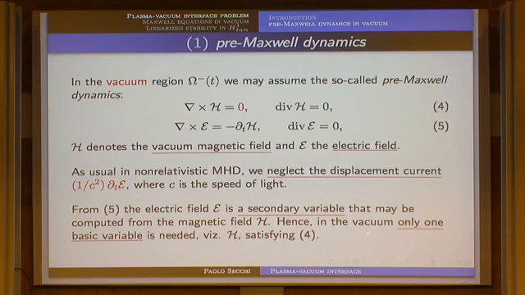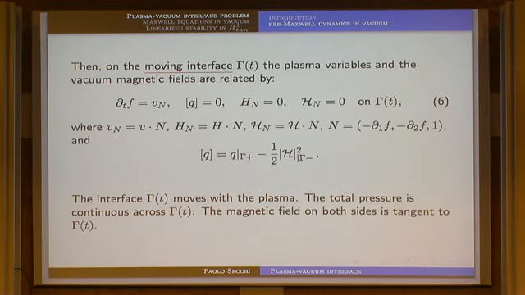So here we can look for only this H, and recover the electric field a posteriori. So if we consider only 4 for the vacuum magnetic field, we have our system of equations.